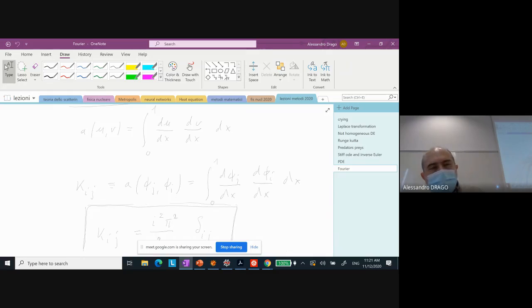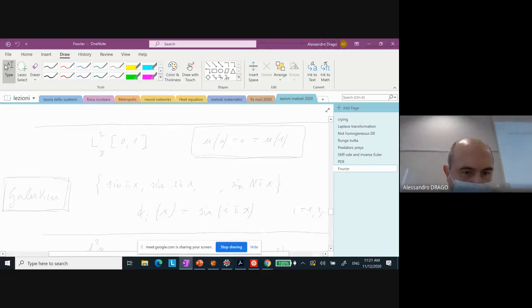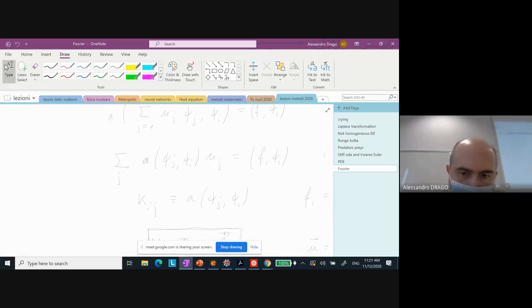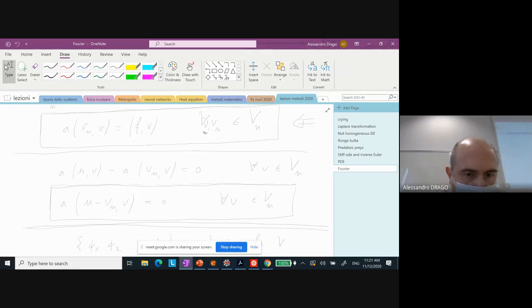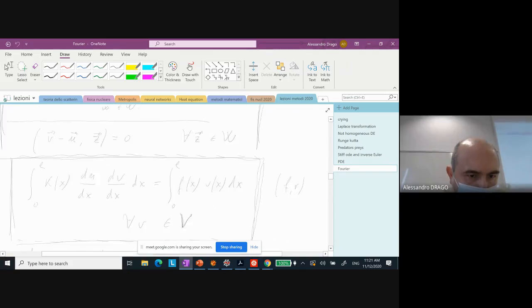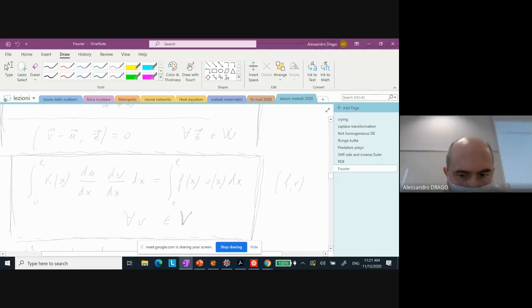Instead of having a differential equation with boundary conditions, you rewrite it as a sort of integral, with the idea that you are finding a function u such that for whatever test function v, this relation is satisfied.